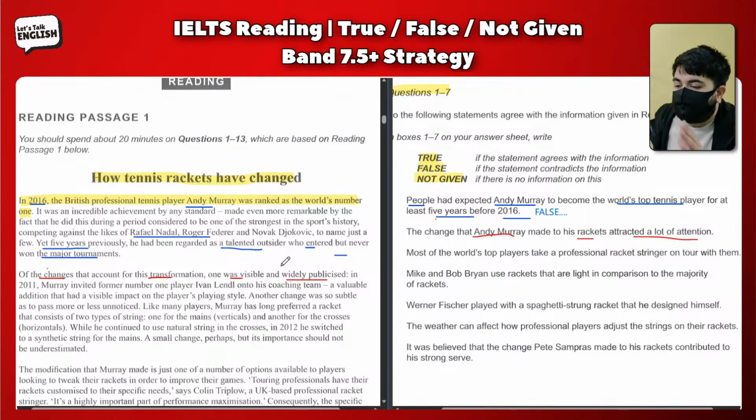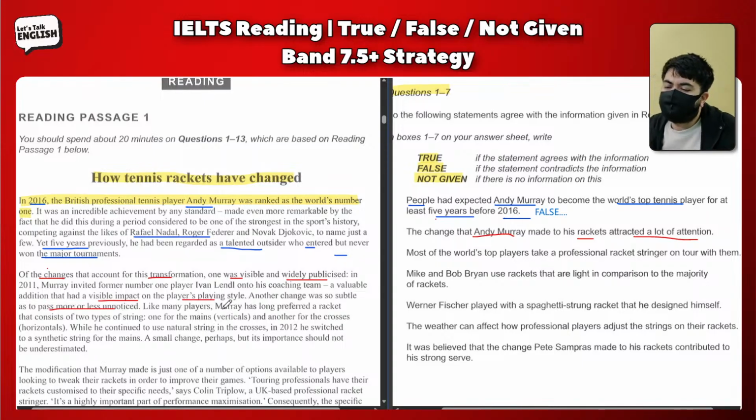Widely publicized does not necessarily mean that it was attracting a lot of attention. A valuable addition that had a visible impact on the player's playing style. Another change was so subtle, pass more or less unnoticed. So right now it's not attracting a lot of attention. Two types of strings while he continued to use.